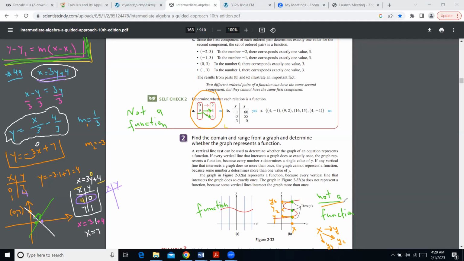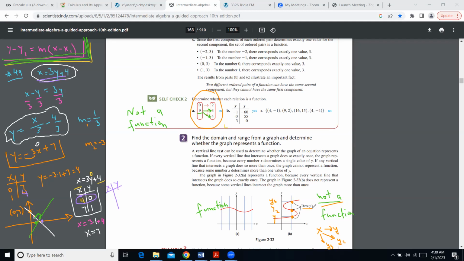And this is the so-called vertical line test to see if your graph presents a function or not. If you intersect the graph of your relation with a vertical line at 2 or more places, we don't have a function.